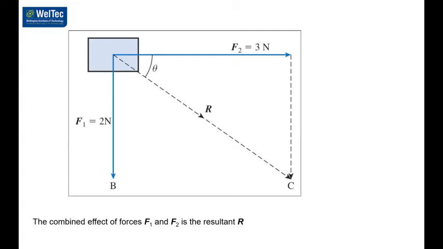So the resultant is R, because if we add force 1 onto the end of force 2, we would get R. So we could say that R is equal to force 1 plus force 2. And the modulus of R is going to be the square root of 3 squared plus 2 squared, which is root 13 N. And it's acting in a particular direction.